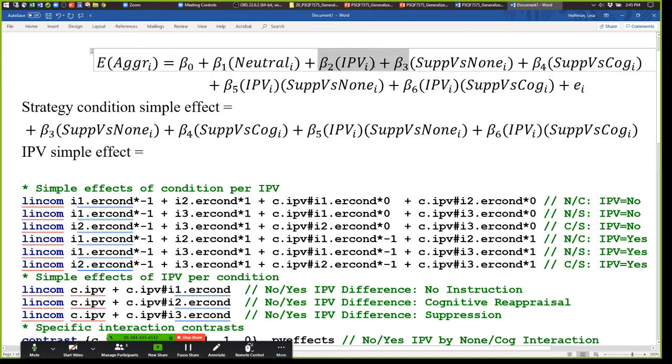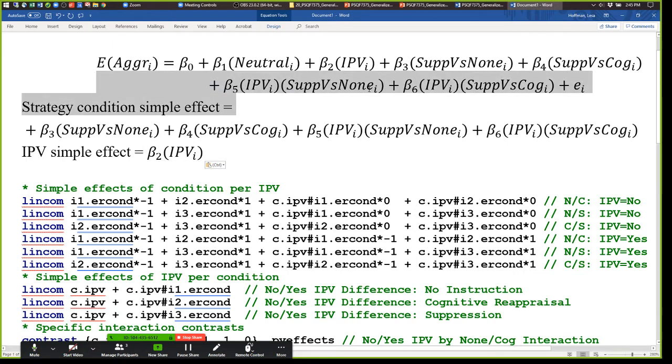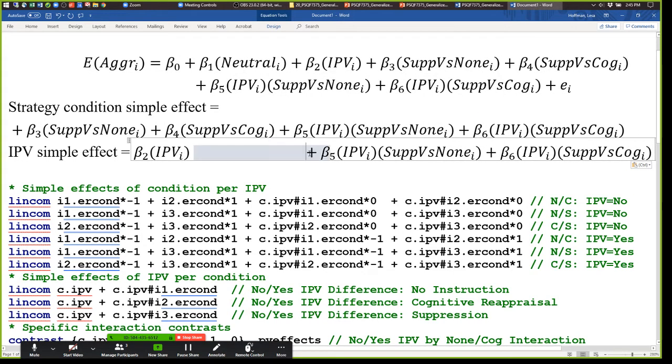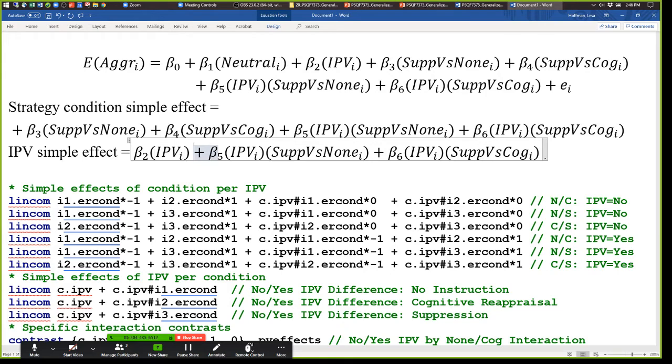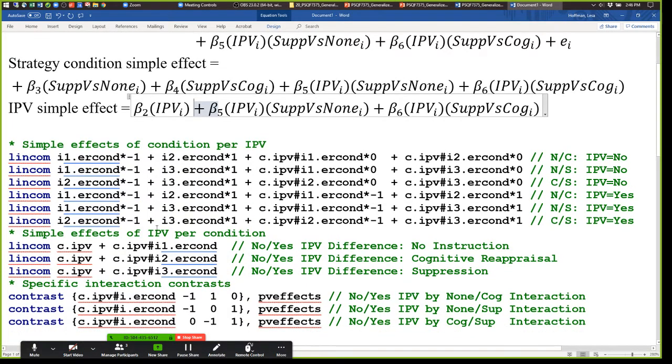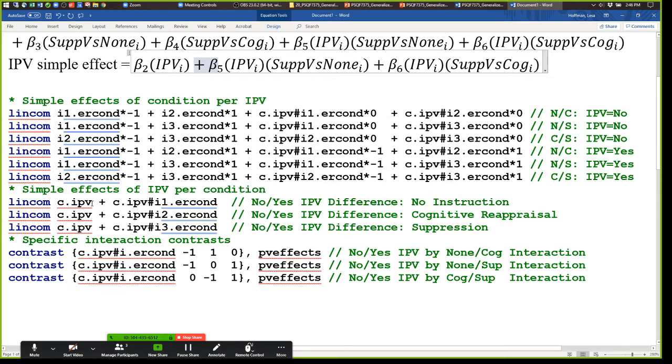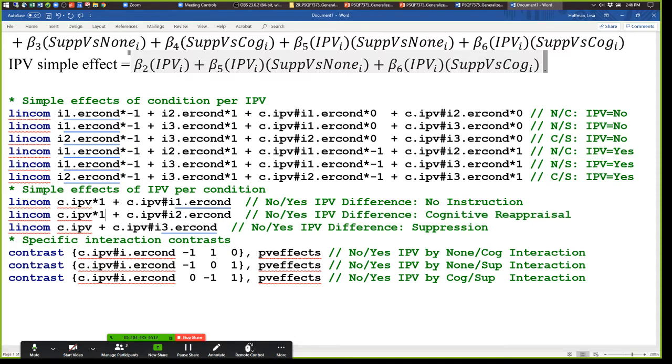I need this one at a minimum, beta 2. Let's grab that. And what other ones? 5 and 6. So I have the implicit times 1 missing on here, I think because I was probably running out of room.